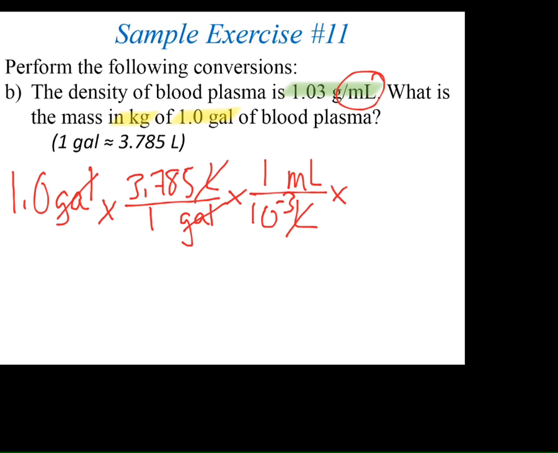And again, my goal is kilograms. Well, I can't do milliliters to kilograms, but I can do milliliters to grams. Right? So how would I put that into my little conversion factor? What would I write? 1.03 grams over 1 milliliter, right?